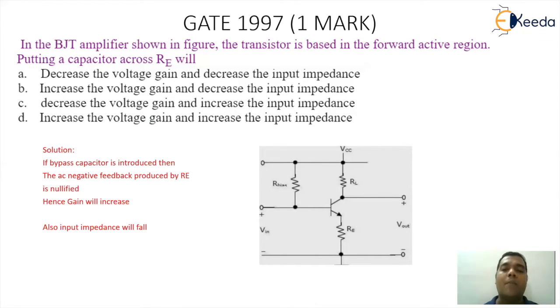Once I put a capacitor across RE, the impact of RE will vanish and the input impedance will decrease. So you will find the new input impedance as Ri equal to HIE or beta RE, or equal to R pi, and when you compare with the earlier value, the earlier input impedance was higher. So when you put a capacitor, the input impedance will decrease. The correct option is option B, increase in the voltage gain and decrease in the input impedance.